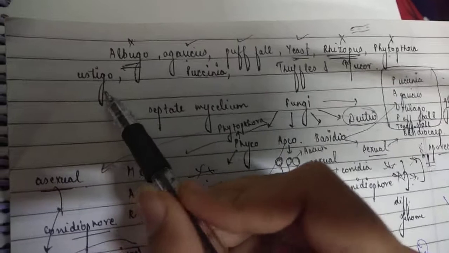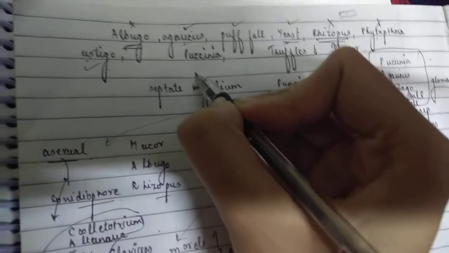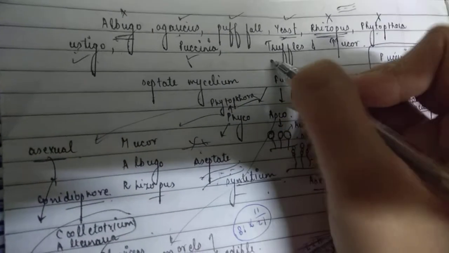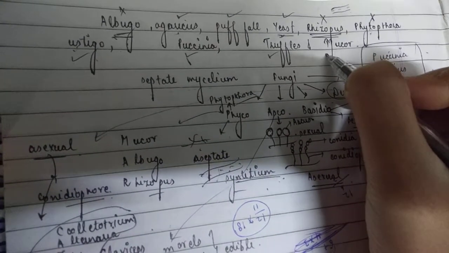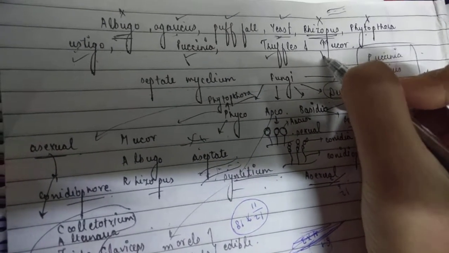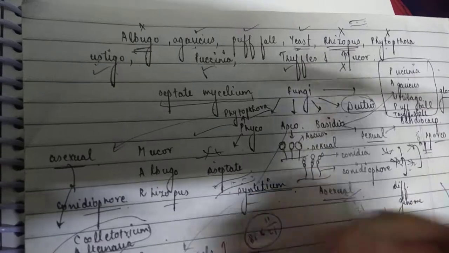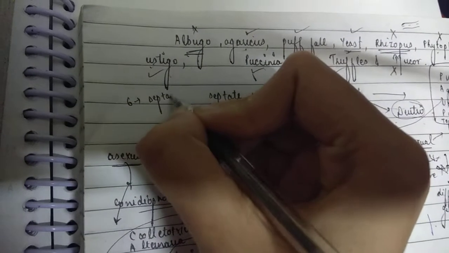Ustilago is a Basidiomycete, so it will be present. Puccinia and Claviceps are also present. Morels and Truffles are Ascomycetes, present. Mucor is a Phycomycetes, not present. So septate mycelium is present in 1, 2, 3, 4, 5, 6. Six have septate mycelium.